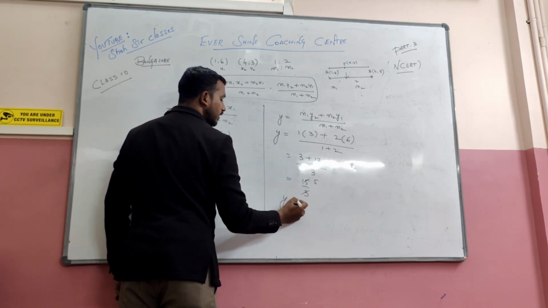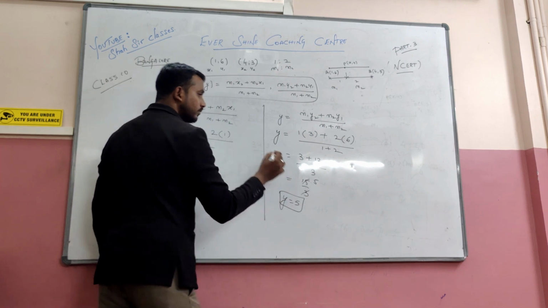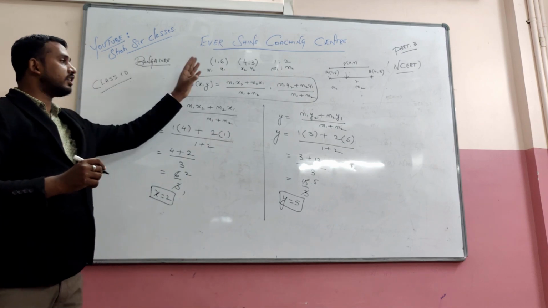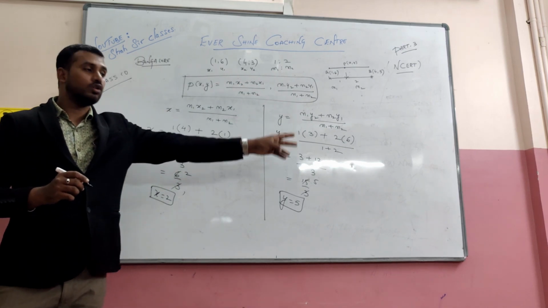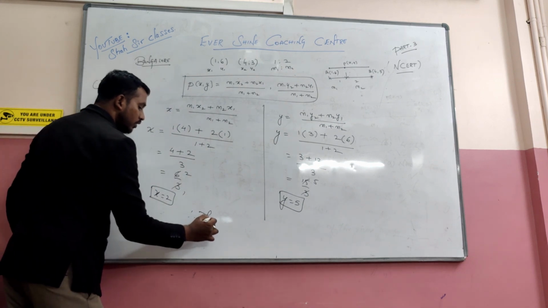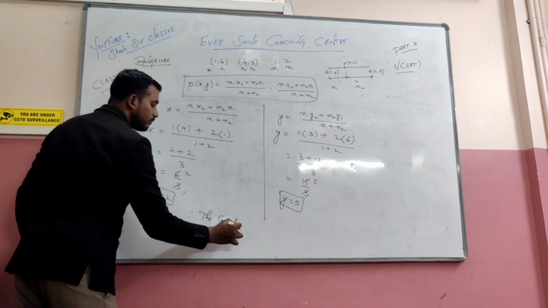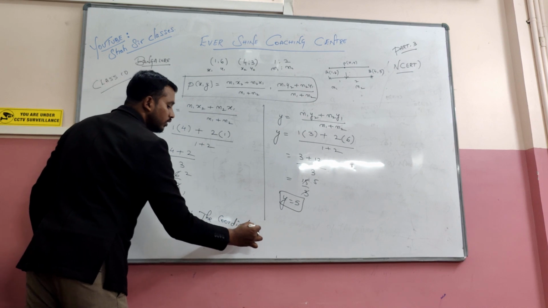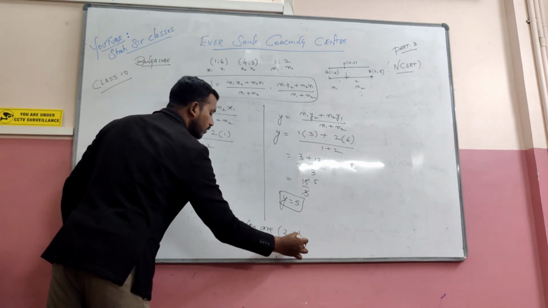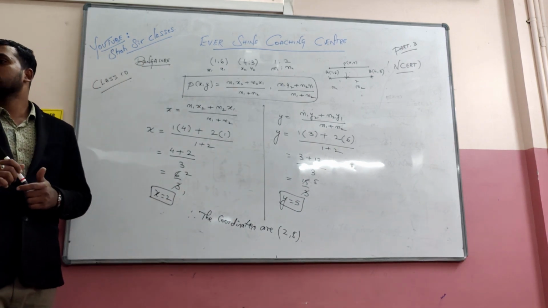The value of Y is equal to 5. So the coordinates which divide the line segment joining the points (1, 6) and (4, 3) in the ratio 1:2 are (2, 5). This is clear?